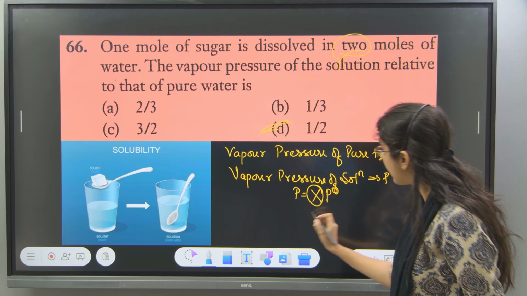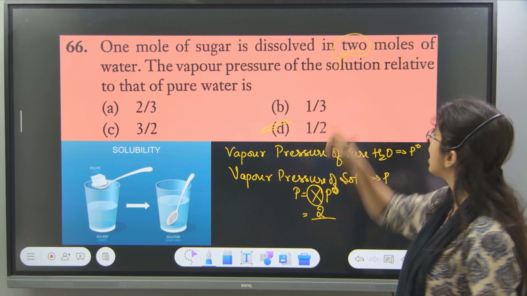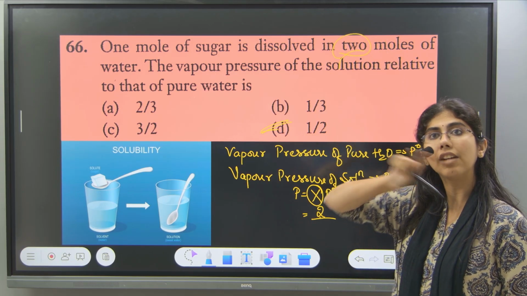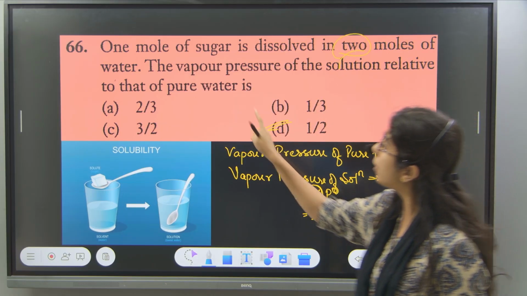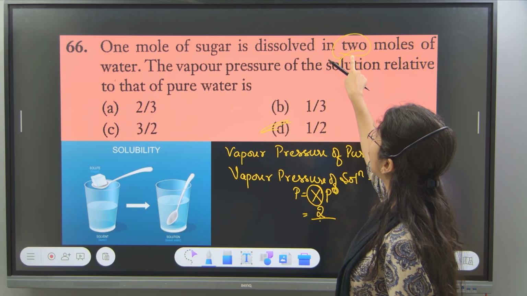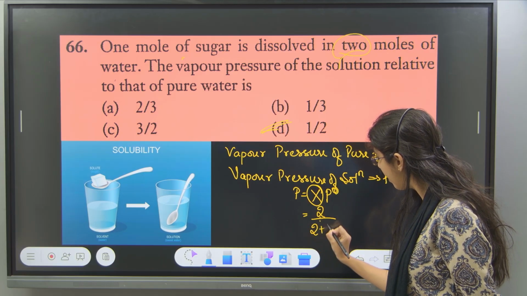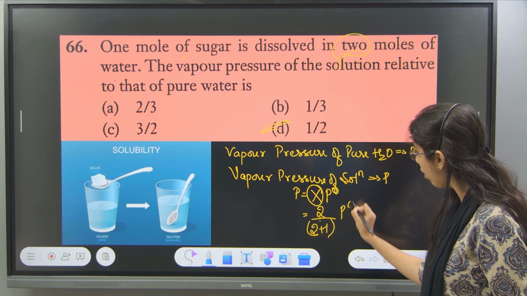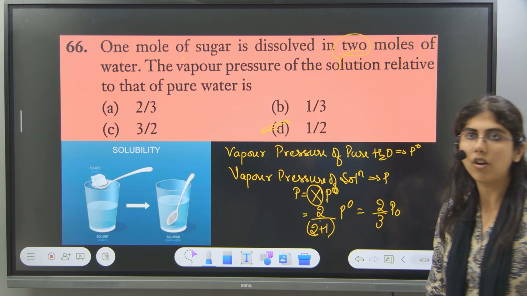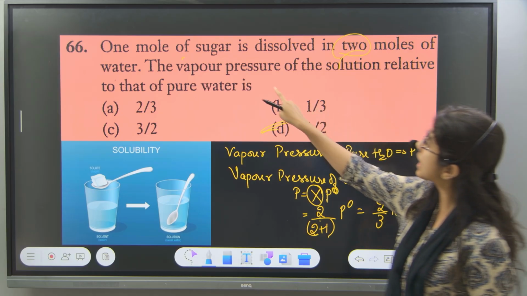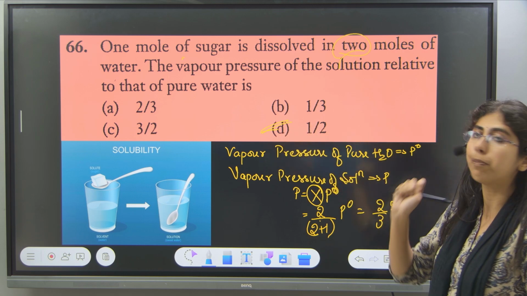How many moles of water do we have? 2, right? 2 moles. So 2 divided by, what is the mole fraction? The number of moles of water divided by total number of moles. Moles of water is 2 divided by total number of moles, means moles of water as well as moles of sugar, 2 plus 1, right? 3. So into P naught. What is this? 2 by 3 P naught. Now they are asking vapor pressure of the solution relative to that of pure water.